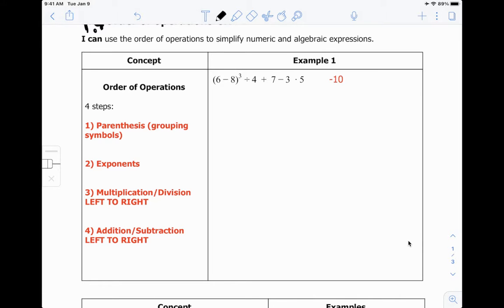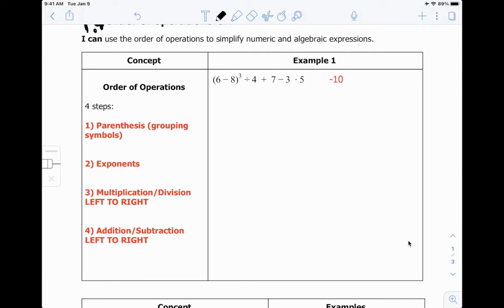Our lesson is 1.4, and it's on the order of operations, and your goal is to use the order of operations to simplify numeric and algebraic expressions. So there are actually 4 steps to the order of operations: parentheses, which are our grouping symbols; exponents.